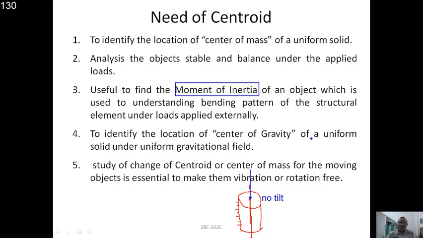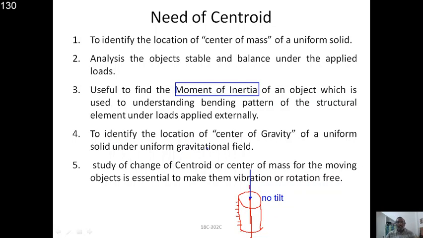We will discuss in later sessions how to calculate the moment of inertia and how it depends on the centroid. Without locating the centroid, we can't calculate the moment of inertia. So it is a structural element property which emphasizes the strength capacity of the structure.